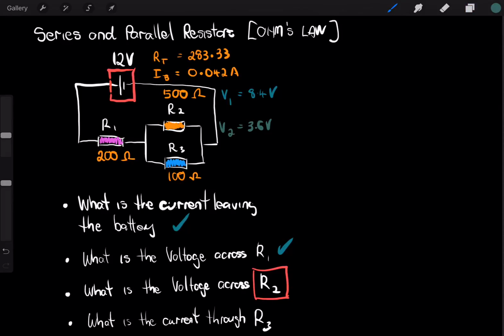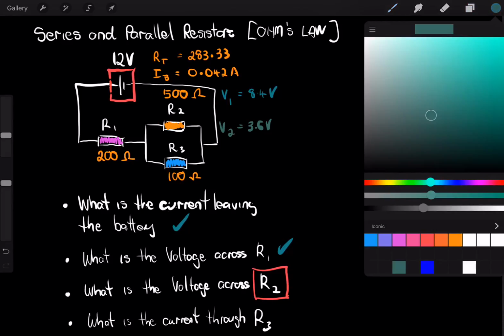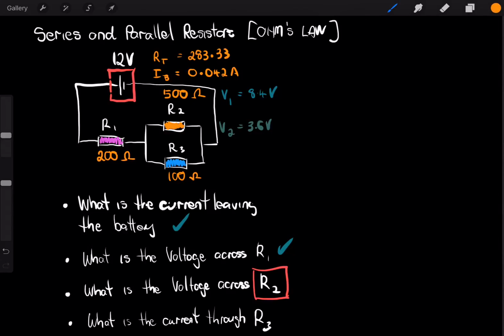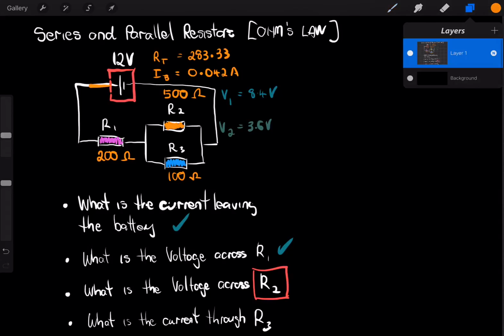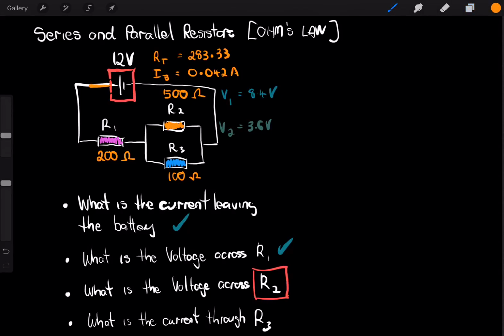Okay, now once again we go back to Kirchhoff's rules. The current coming out of the battery will all pass through R1. However, when it reaches a branch, remember Kirchhoff's law says the total current going into a junction will equal the total coming out.